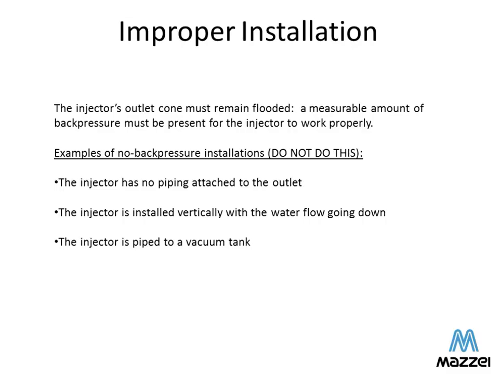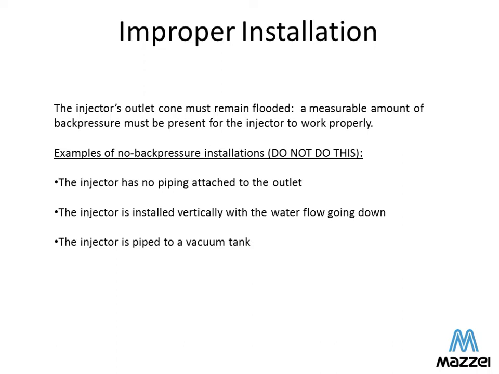Just a note of caution, the injector outlet must be flooded. In other words, you cannot install the injector with a no back pressure situation. Here are 3 bullet points that give examples of no back pressure situations that we do not want to do. If the injector does not have piping attached to its outlet, it's an unlikely situation, but if you ever see that, that is a no-no. You will not have suction in that case.